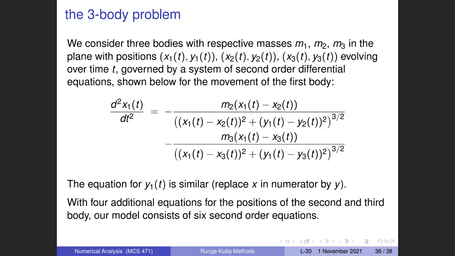The equations follow from Newton's laws, so they involve the acceleration, and it's compensated by the distances. For the first body, in the denominator there is a funny square root, but you see that the denominator contains the distance of the first body to the second body in the first term, and also from the first body to the third body.